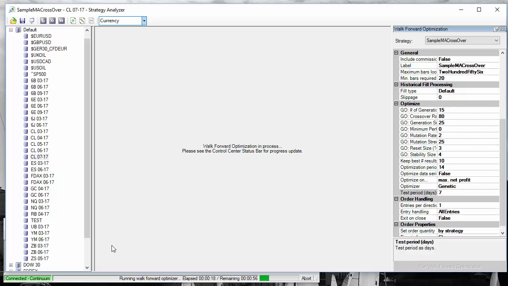As we see, we are using the number of generations on 15, so we must take into account that each optimization has the result that we saw before. So each optimization has a random data and also a random result.